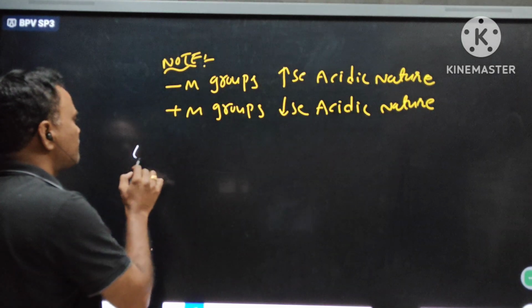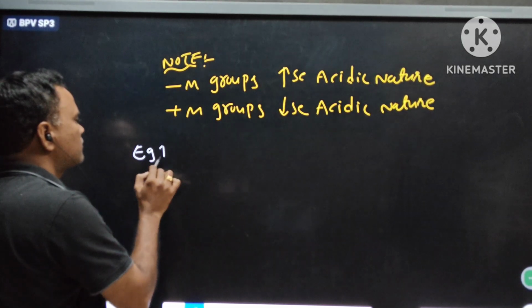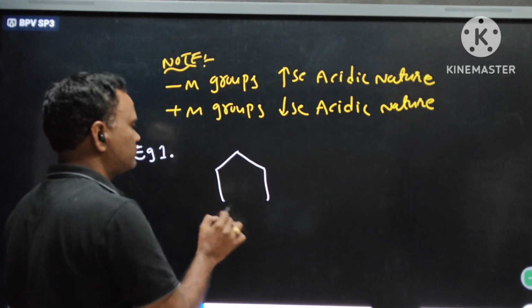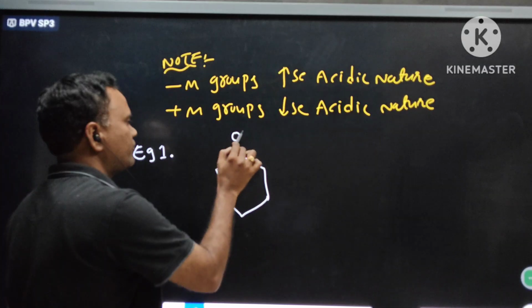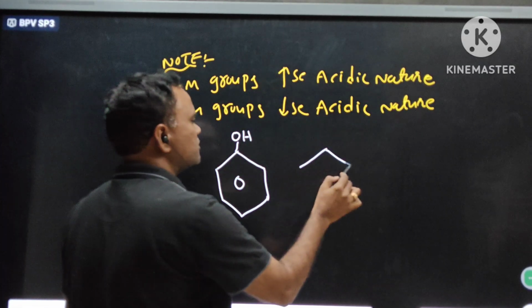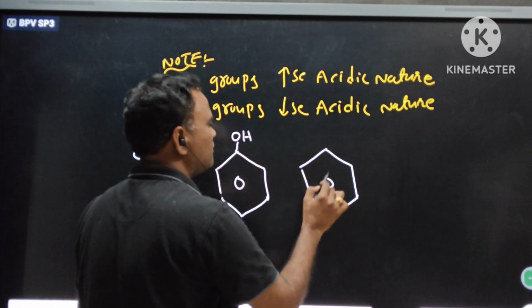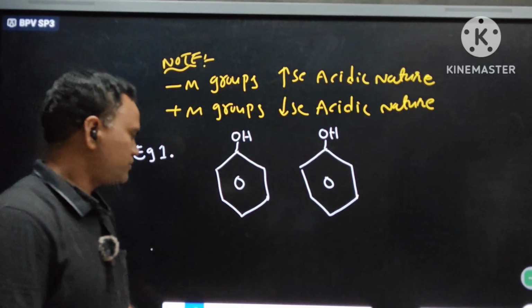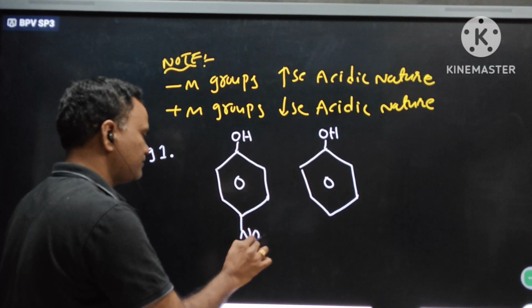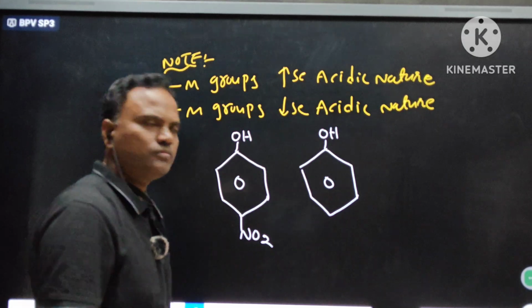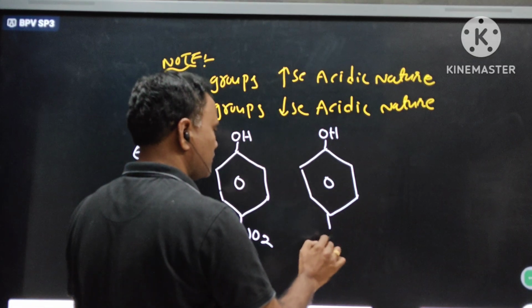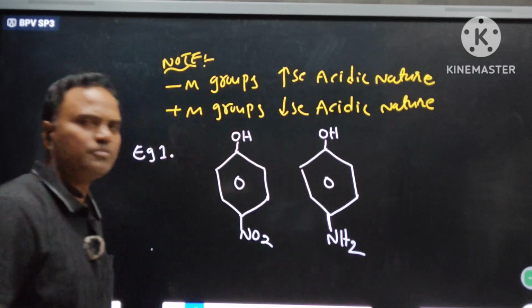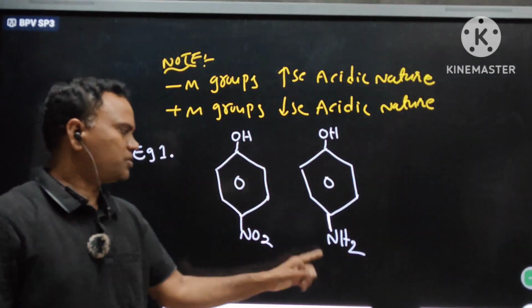See, first example. NO2 and NH2. You tell me which is a plus M group?